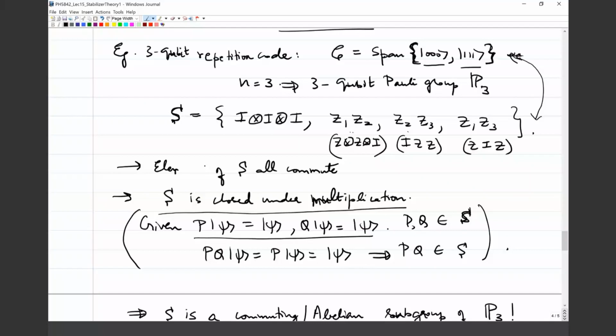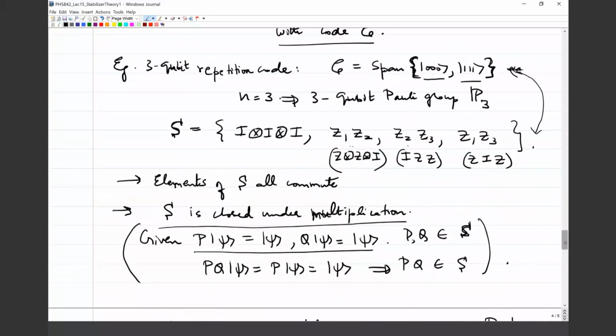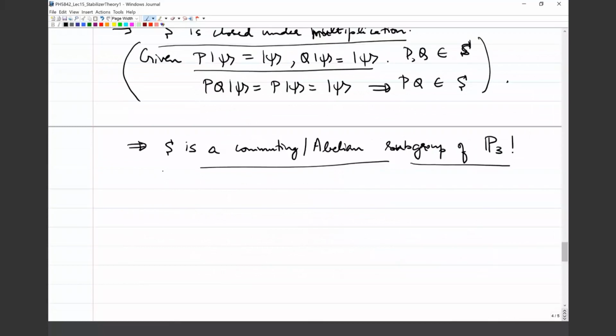Okay. So let us now try to formalize this a bit more. So this was just the simple 3-qubit example. So by the way, one last point. Do you notice something about the operators in the stabilizer group? The Z1 Z2, forget the identity. I hope you now realize that the stabilizer group will always have, so let me note down some properties of this.